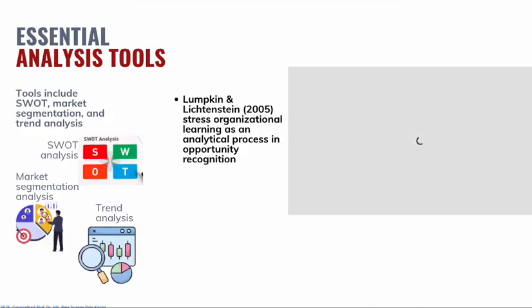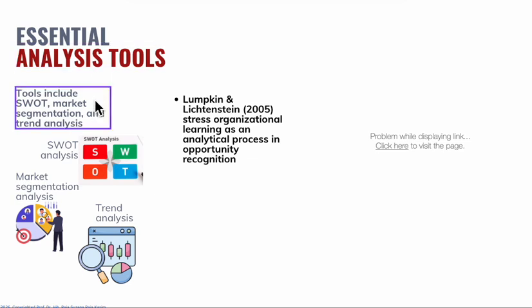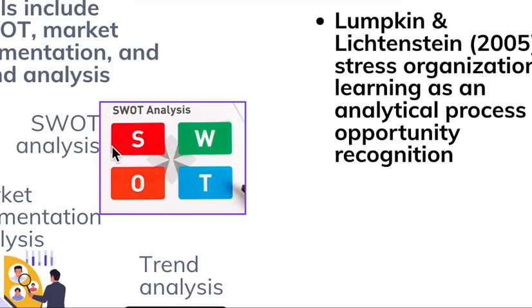Now that we have covered a framework for evaluating opportunity, let's look at some essential analysis tools that entrepreneurs can use. These are 3 key tools highlighted here. First is SWOT analysis, which stands for strengths, weaknesses, opportunities, and threats.